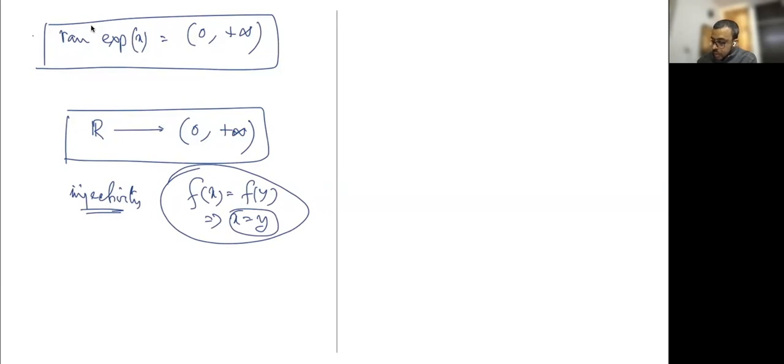But when the inequality happens, because it's strictly increasing, f(x) and f(y) cannot be equal. So injectivity we get as a corollary to that. So it's injective, and what we just now showed is that this is the entire range. That means it is onto. So it is in fact a bijection from R to this.